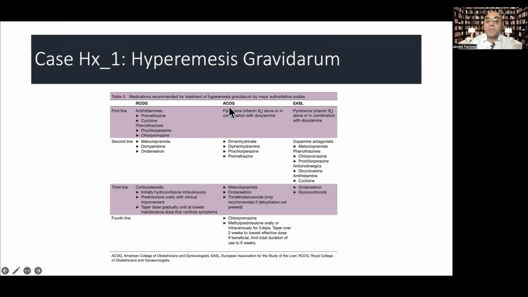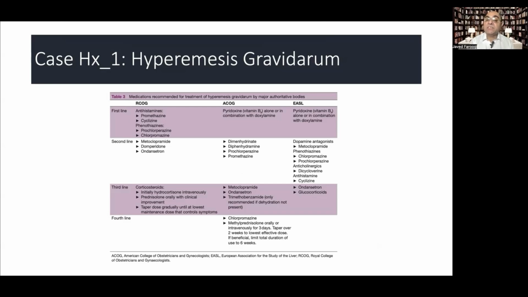According to the American College of Obstetricians and Gynecologists, the first line therapy is pyridoxine, vitamin B6, alone or in combination with doxylamine. If this fails, the second line drugs are dimenhydrinate, diphenhydramine, prochlorperazine, and promethazine.